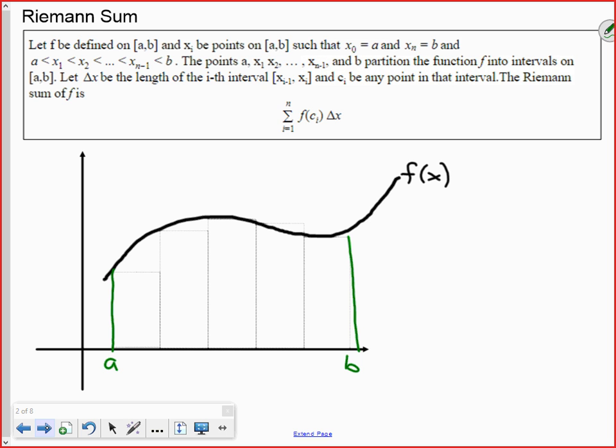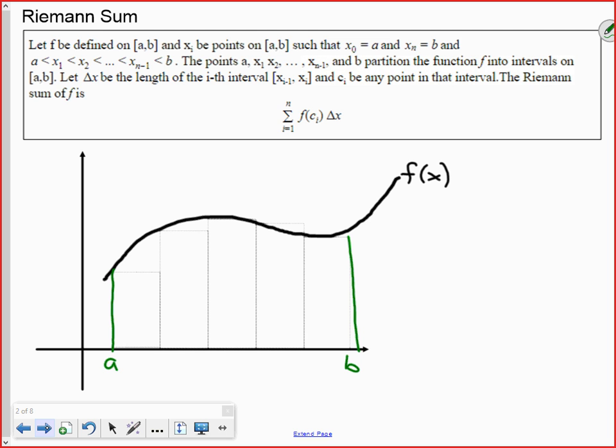And let x_i be points on [a, b] such that x_0 equals a, x_n equals b, and then we have these in order: x_1, x_2, x_3. So these x values are dividing our function into intervals on our domain.